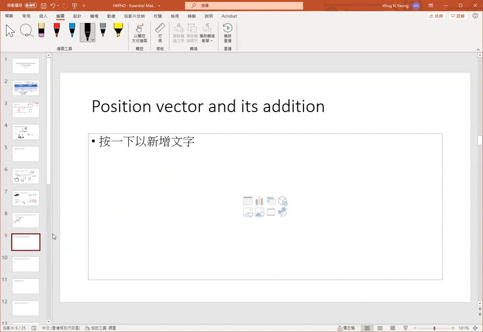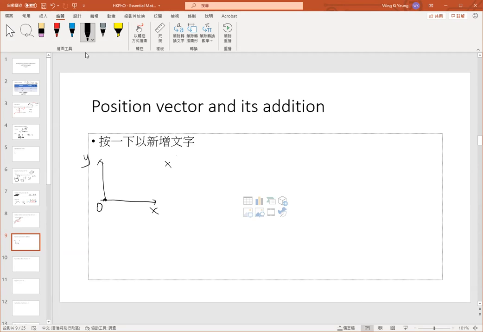The next one is about the position vector and its addition. Position vector depends on the coordinate system that you're using. Just for example, let's use a 2D coordinate first. This here is the y-axis, this is the x-axis, and this is the origin.